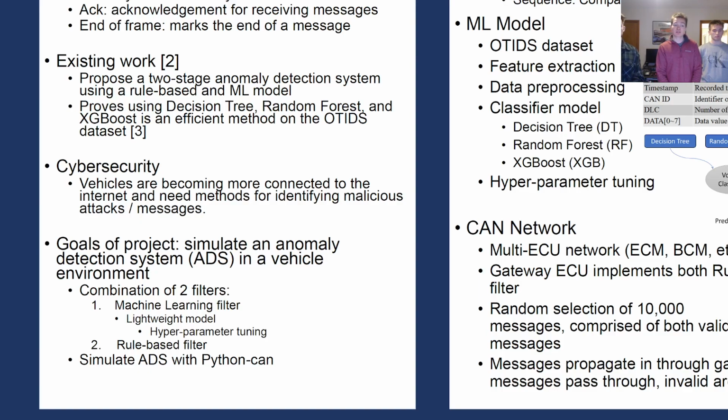So the scope of our work came about as we are automotive engineers at General Motors, and cybersecurity is becoming an important part of vehicles today as modern vehicles are becoming more connected to the internet like everything else we see with the Internet of Things. So there's an increased need for security and reliability in the automotive network.